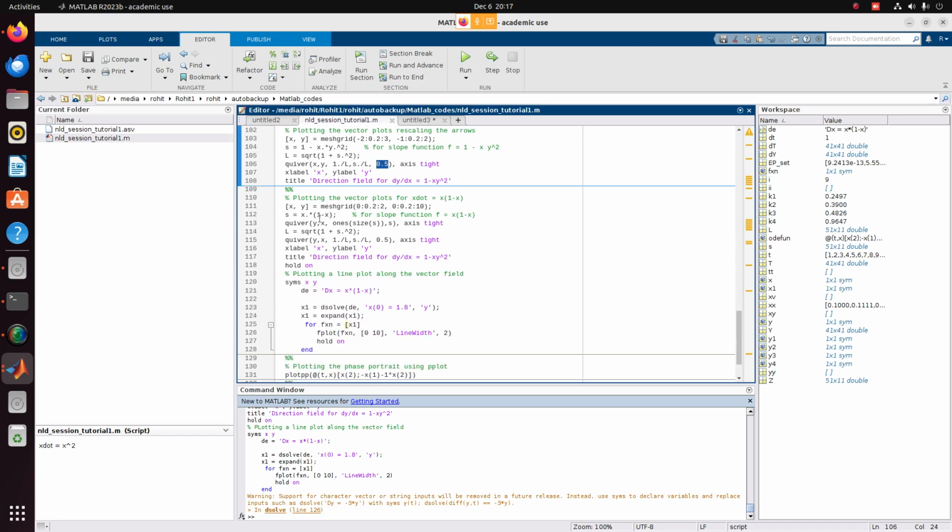And finally, if you want to plot a line over these vector fields to see how the trajectories evolve, you can give an initial condition and solve this particular equation. Take the ode solver and the equation function here in MATLAB to plot these values, and you can plot for a given initial condition how the trajectory evolves. You can explain it using a curve that we have seen.